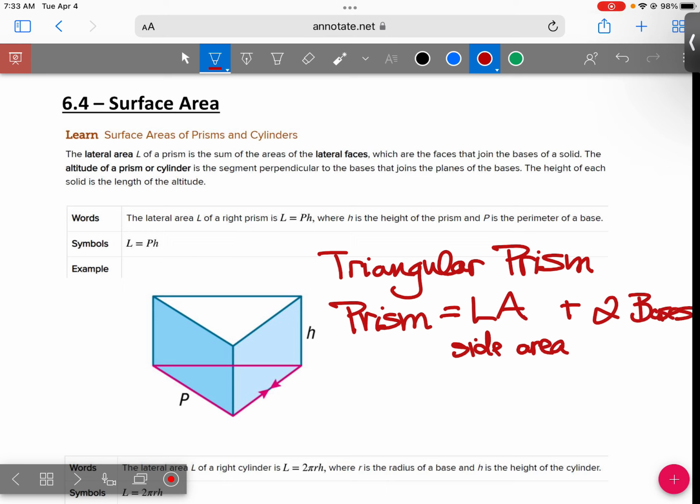It has to have two bases. And in this case, our bases are triangular, okay? Top and bottom. And then the sides, since this is a triangle, there are three different sides, and what shape are those sides as you look at that? What shape are these sides?